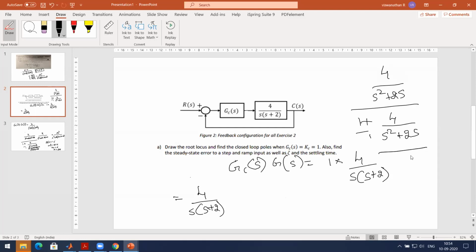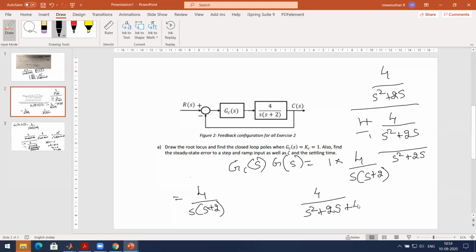So the answer will be 4 divided by S square plus 2S plus 4.